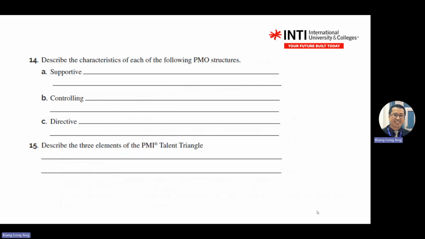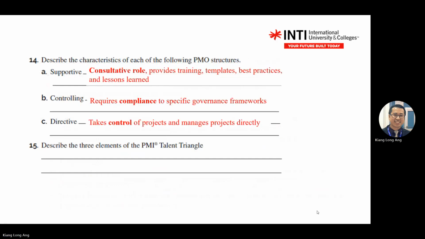14, describe the characteristics of the following PMO. PMO is a project management office, supportive, controlling, and directive. So I'll give you the answer. Right. So the characteristics of each PMO structure. If it is supportive, you are in a consultative role, you provide training, and so on.